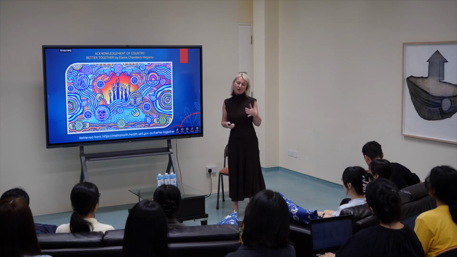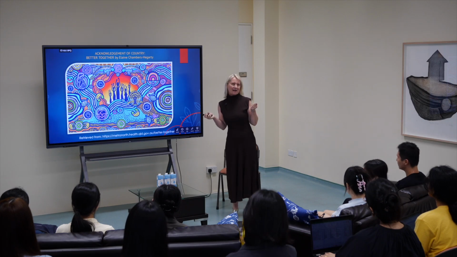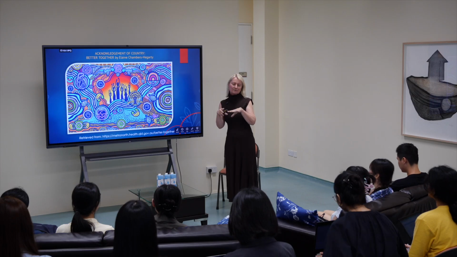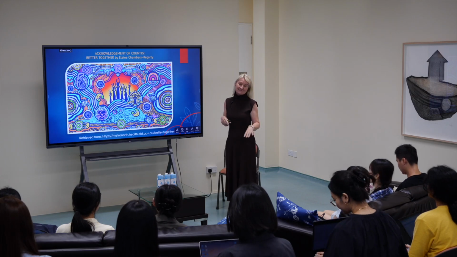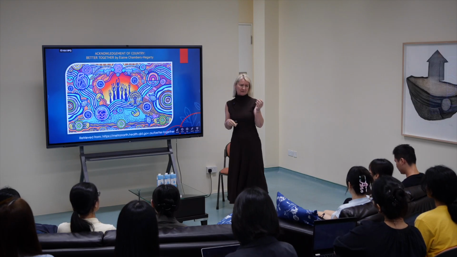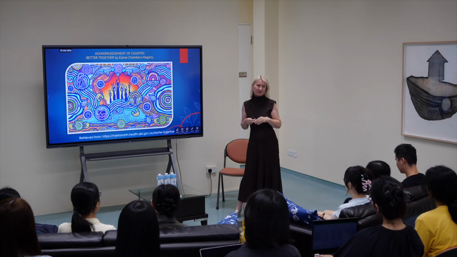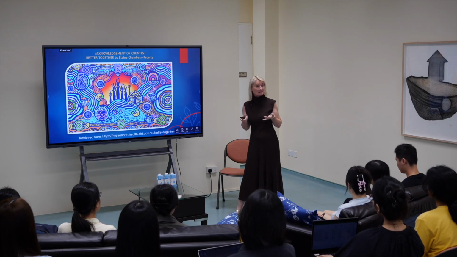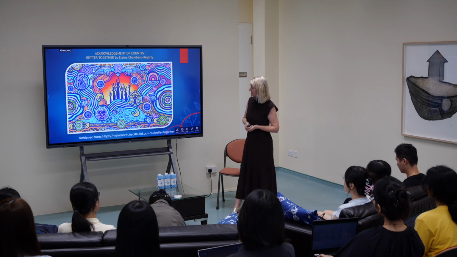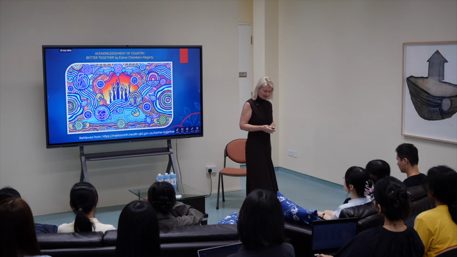If you have a totem, you don't eat that animal. Dugongs are a bit like a small whale, and they live in the water that I can see from my house, and they eat special sea grasses. A lot of people are studying the impact on their habitat, because the seagrasses are going because of pollutants and things like that. So there are lots of different symbols in Indigenous art.